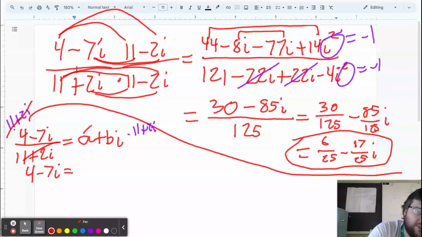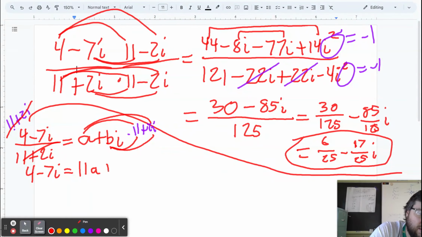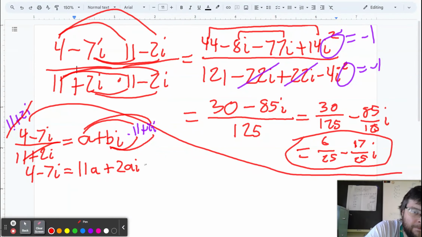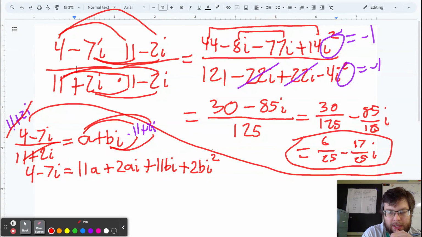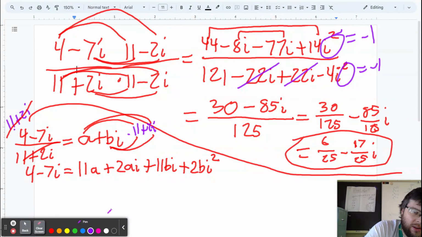And on the right side, I have to do my distribution game. So I have 11 times a plus 2i times a plus 11 times bi plus 2i times bi. So 2bi squared. Look at all 4 of those pieces. Make sure it makes sense where I got those pieces. What I'm going to do is the same thing I did before. i squared is negative 1.